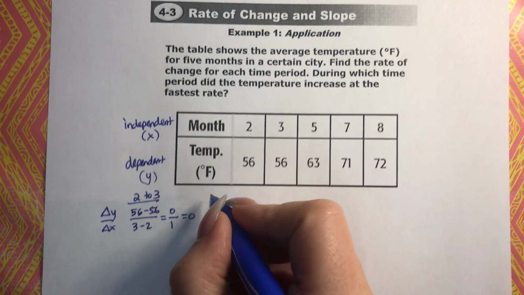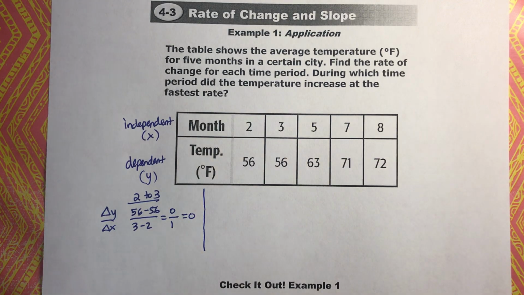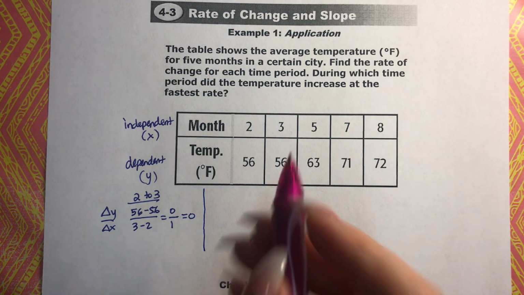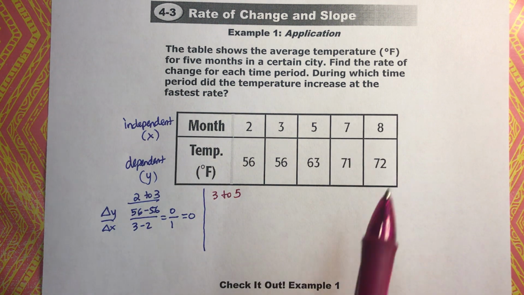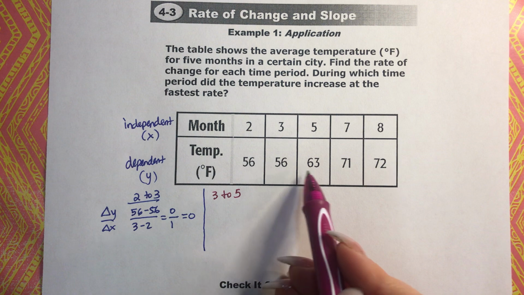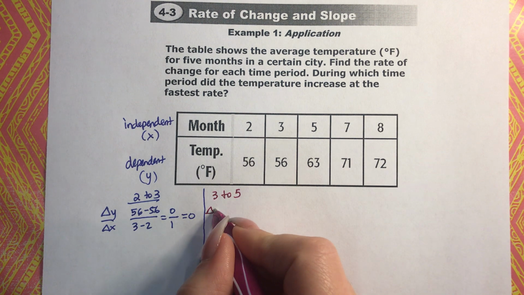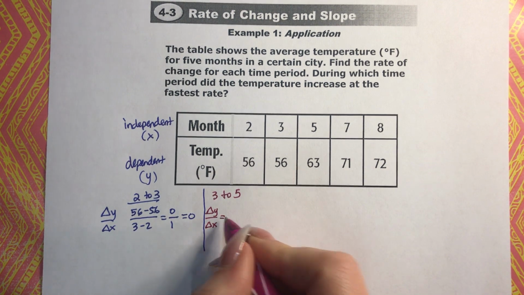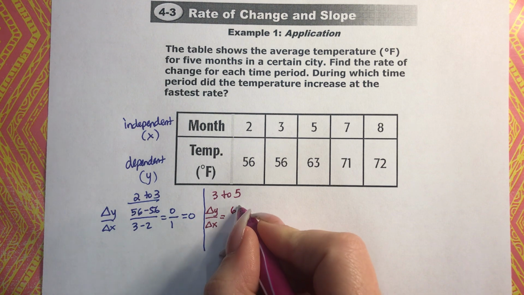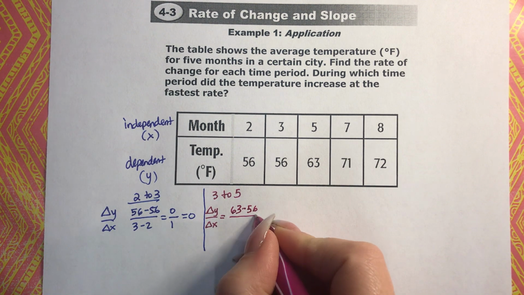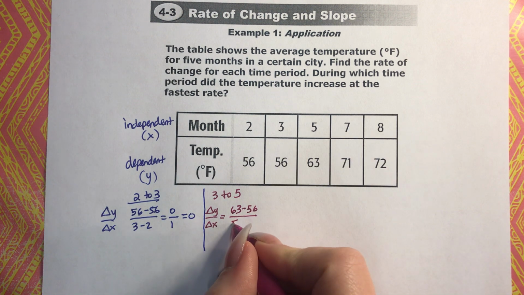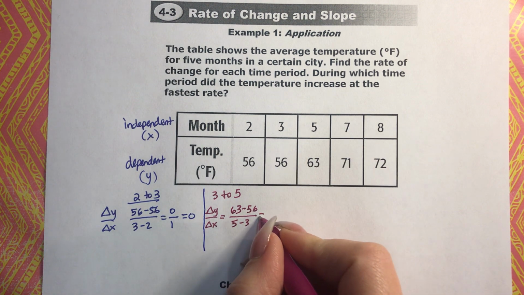All right. Let's go ahead and look at the next one. Let's look from 3 to 5. I'm going to find the difference, change in y over the change in x. So the change in y would be 63 minus 56 over 5 take away 3.